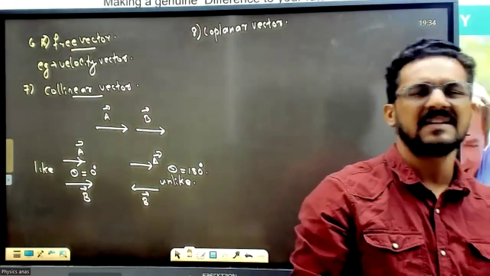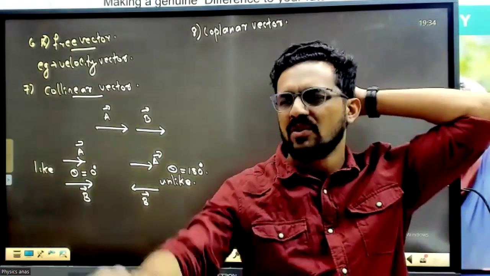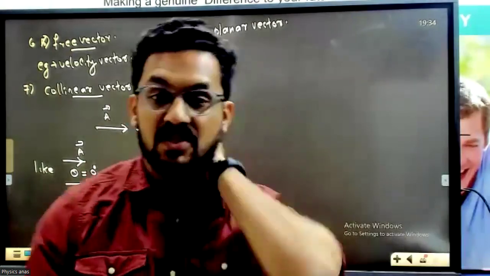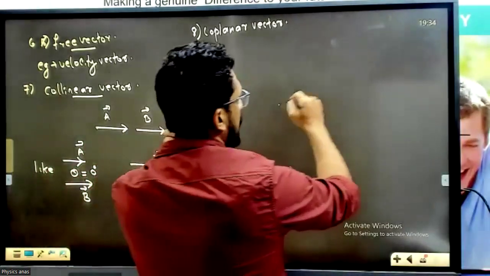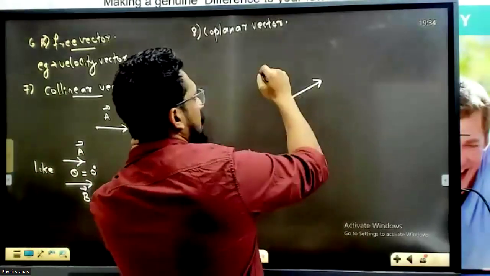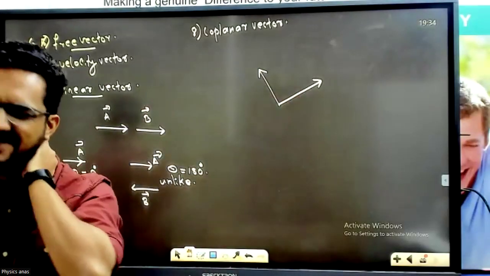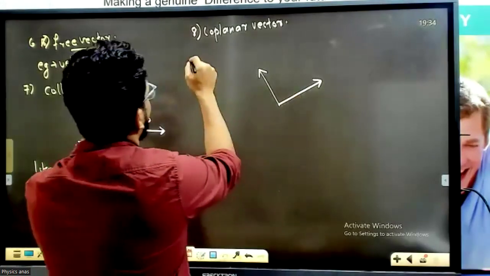Then there are co-initial vectors and co-terminus vectors. You don't have to write it. What will be co-initial vectors? Vectors starting from the same point. Did you study that in school? Then write it.